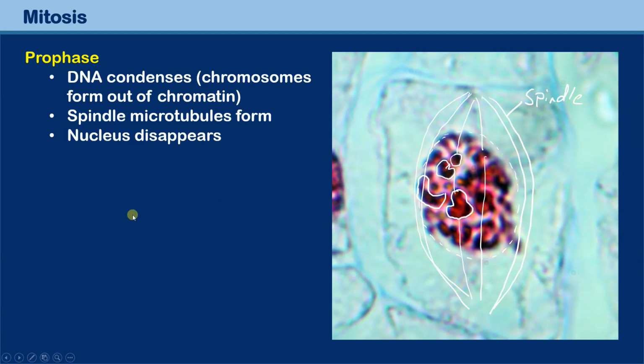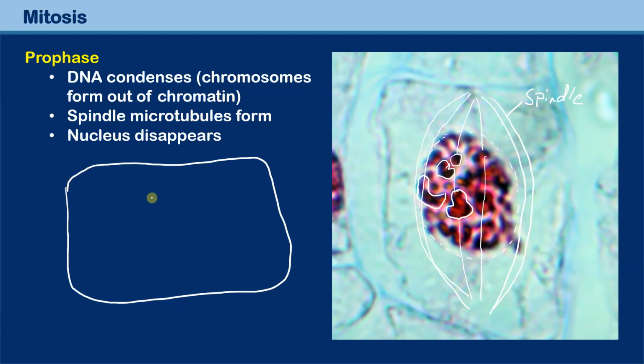I'm going to make a drawing right now of this so that you also have a nice drawing in your notebook. This is my cell. And the nucleus starts to disappear, so I'm going to draw a dotted line over here. And inside the nucleus, I'm starting to draw my chromosomes. These are my chromosomes. I know this is very schematic and looks very different than over here, but simply for the sake of understanding, I should also draw a few smaller chromosomes.